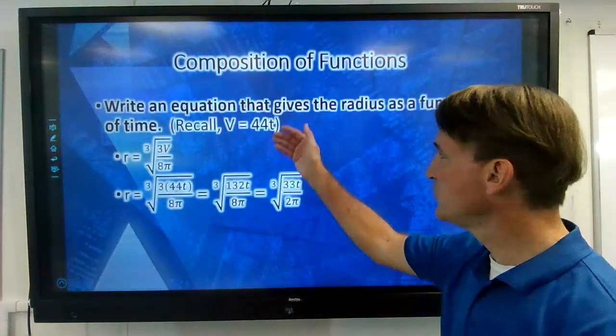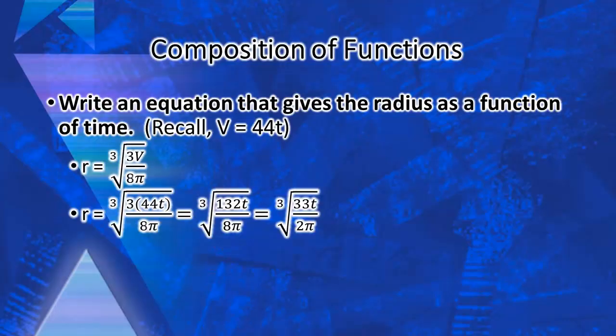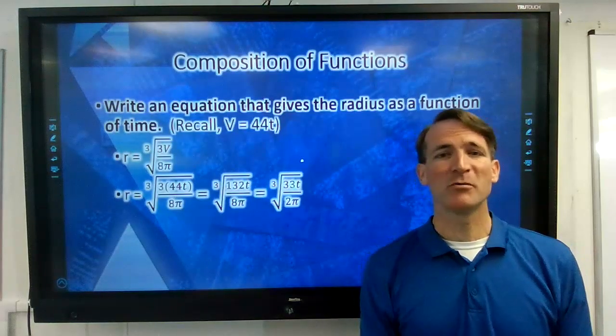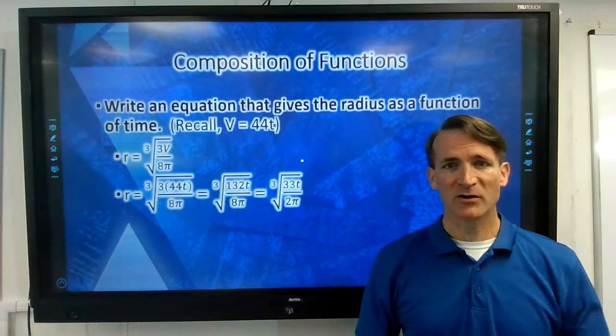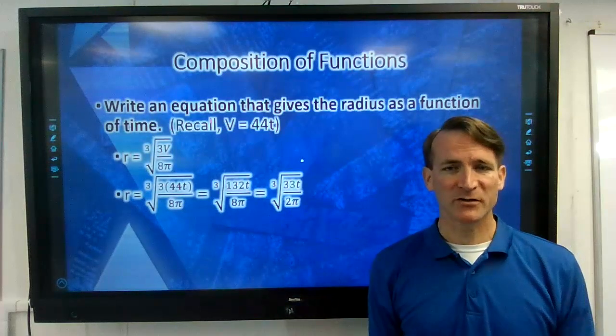If we substitute in the 44t for my volume here, I can go ahead and multiply. I then reduced down as much as I could, and that gives me the cube root of 33t all over 2 pi. Again, we could rationalize that out. We could also come up with decimal equivalents, but if they wanted the exact answer, which they do here because they want us to write the equation, we're going to leave it in that particular form.